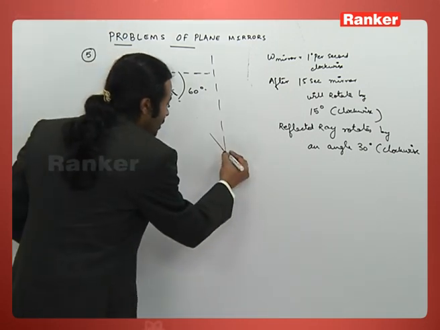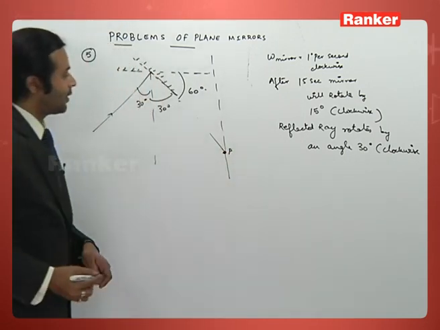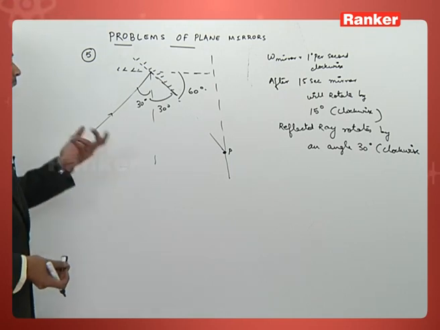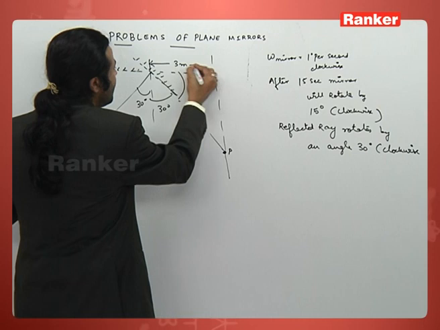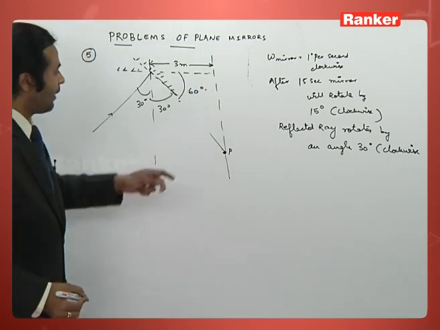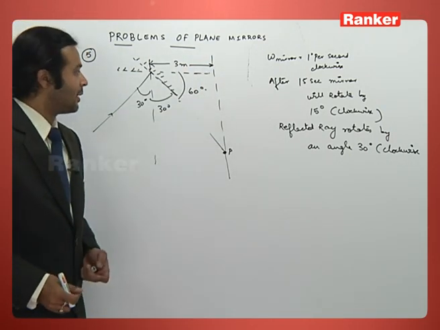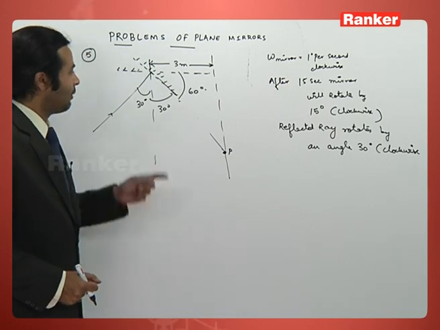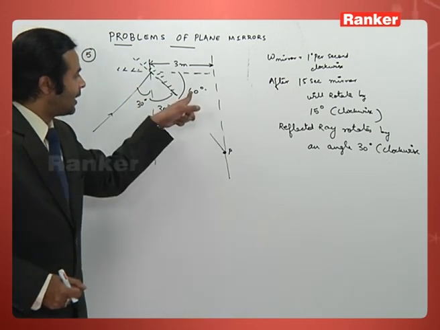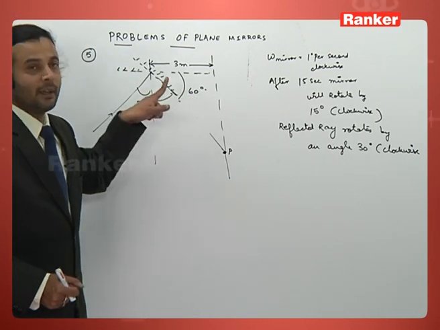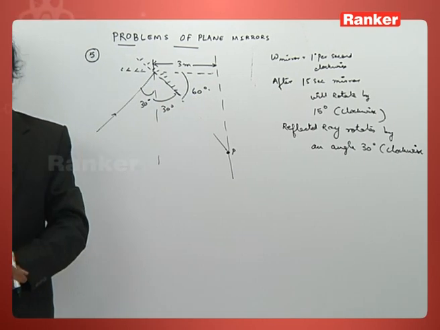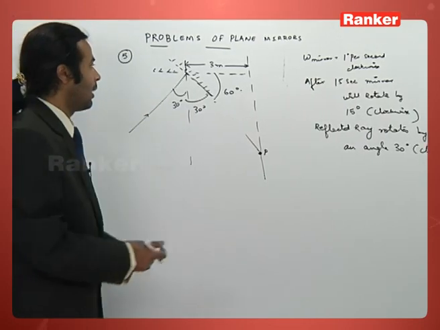And I want to find out the velocity of the spot P. Now I have seen many students say, sir, this is 3 meter. They simply use geometry to find this distance and differentiate it. But one thing I will say: from angle 30 degrees to 60 degrees, the angle is continuously changing. When things are continuously changing, I have to use the concept of calculus.